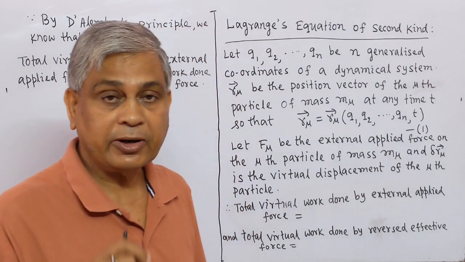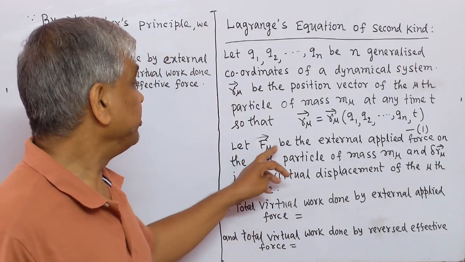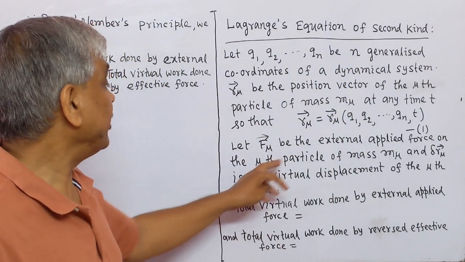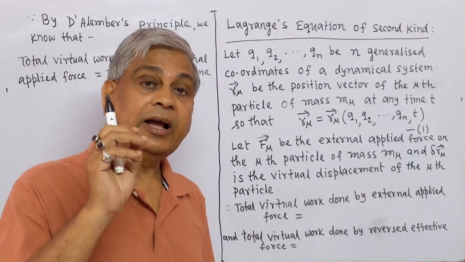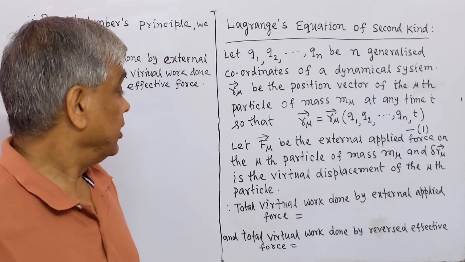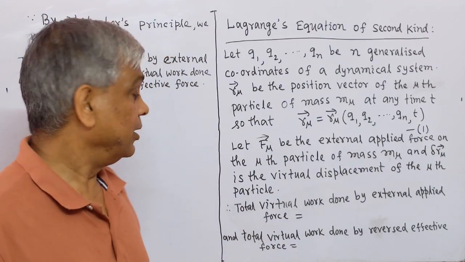This is number 1. Let F mu vector be the external applied force on the muth particle of mass m mu, and delta R mu be the virtual displacement of the muth particle.